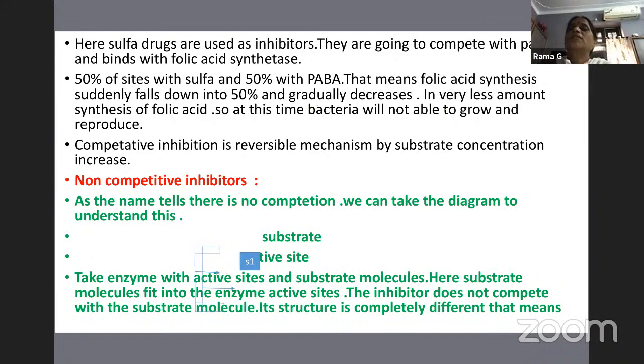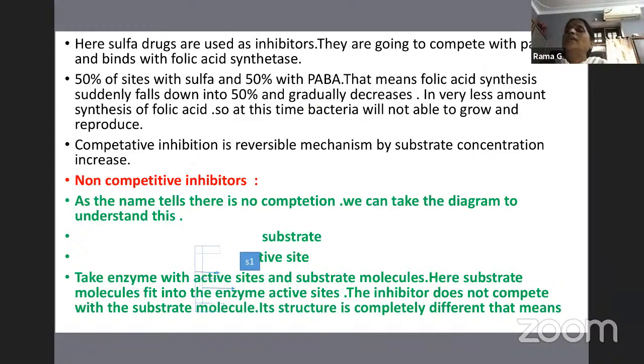So 50% of the active sites of the enzyme are occupied by the sulfur inhibitors, and the PABA occupies 50%. It means the activity of folic acid synthetase suddenly falls to 50% and gradually decreases.